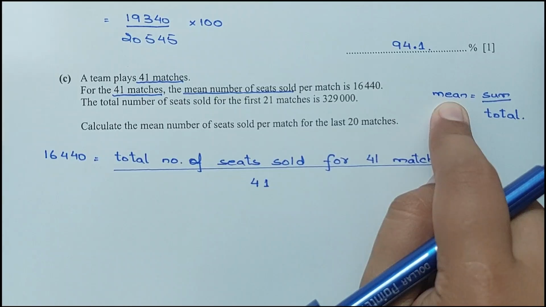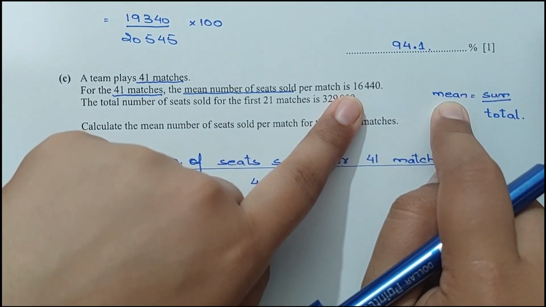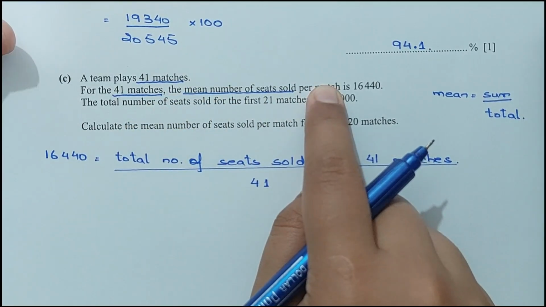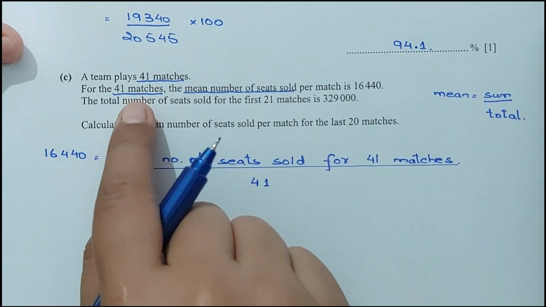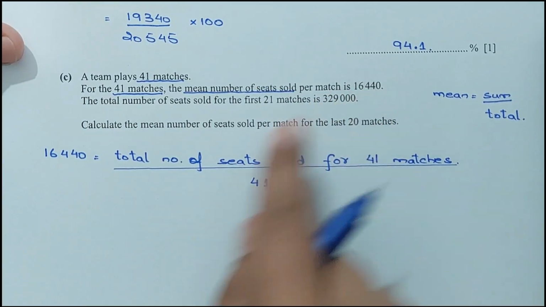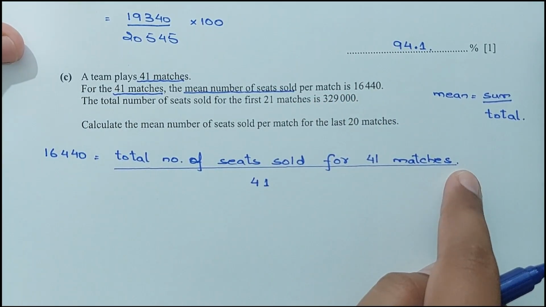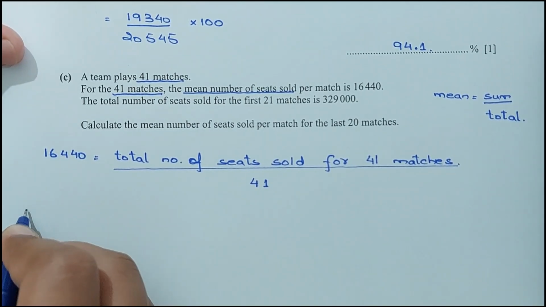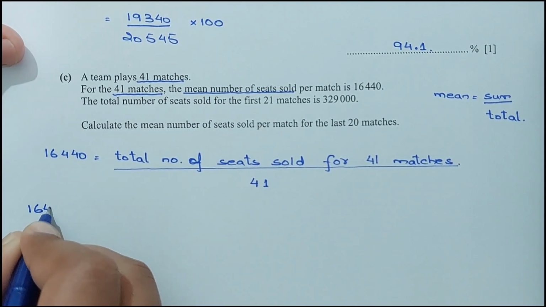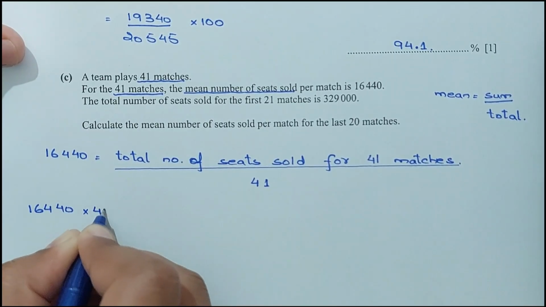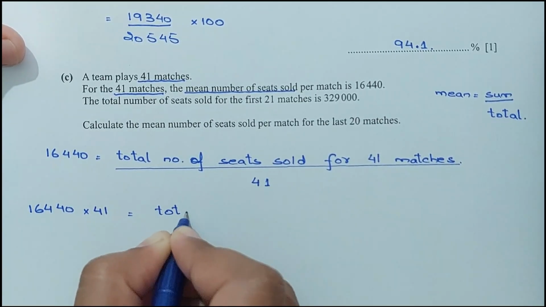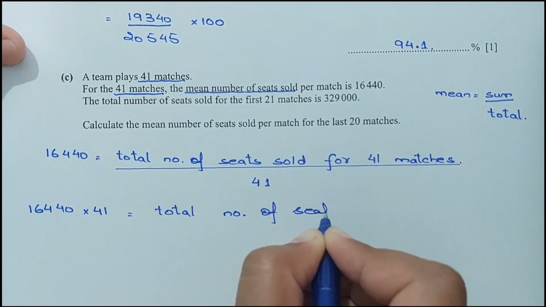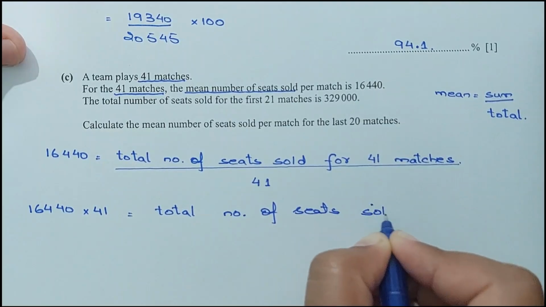So using the formula for mean, we have to add up the total number of seats sold. Let me find this out. 16,440 times 41 equals the total number of seats sold for 41 matches.